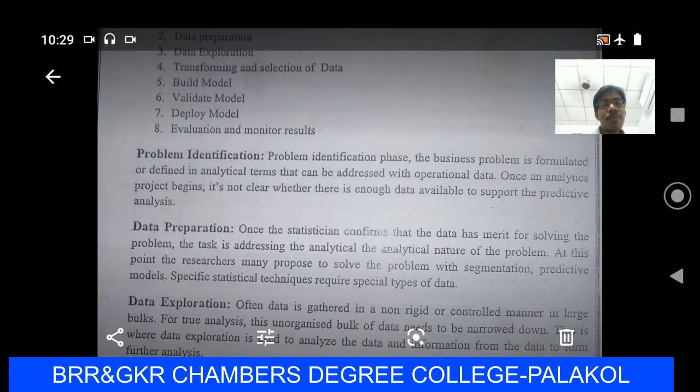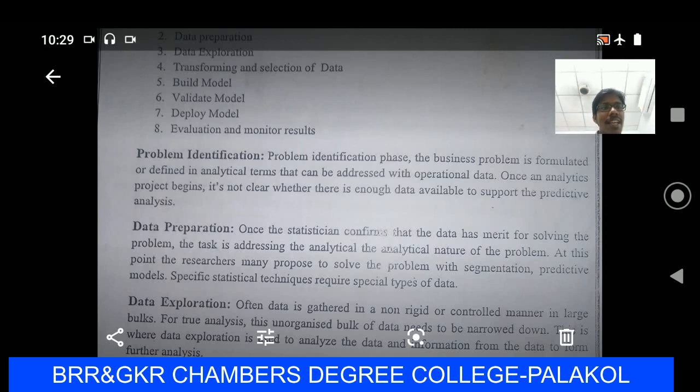When a problem is identified in a business organization, you have to collect the particular data regarding the problem, where it occurred and what problem was identified.